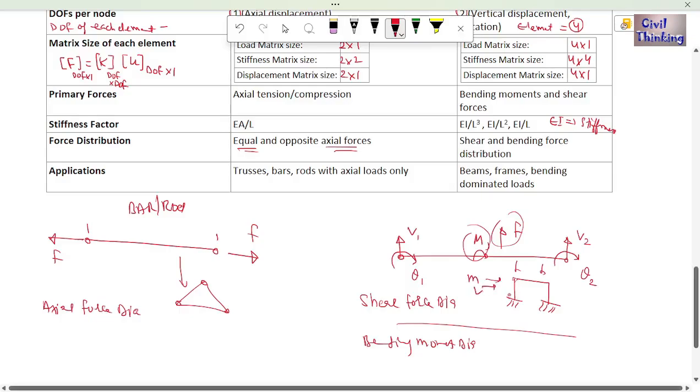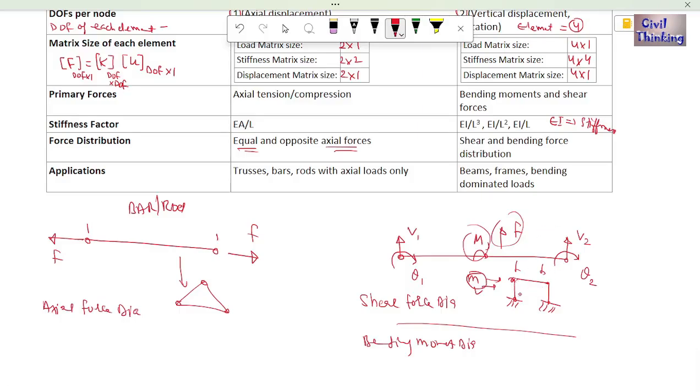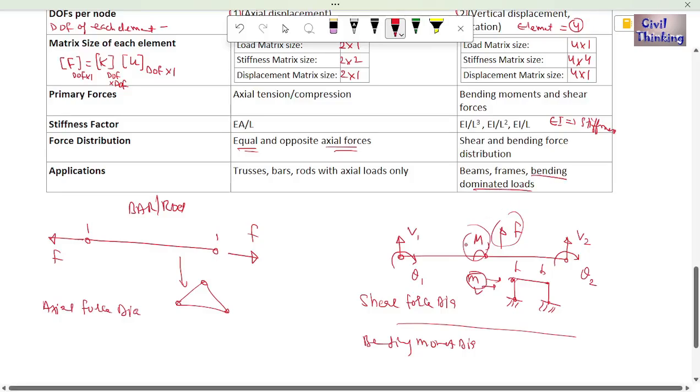So we are going to analyze it like beams. Each element of a frame can be treated like a beam. So basically wherever there is bending moment, it can be analyzed like a beam. So this is the reason I have written bending dominated structures.